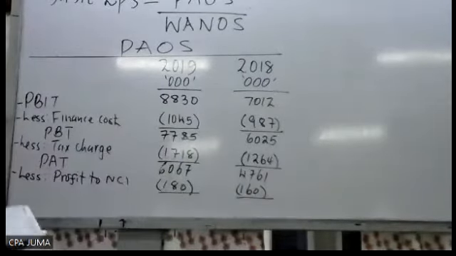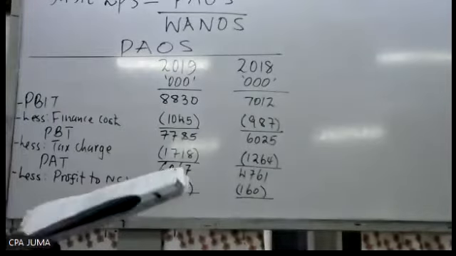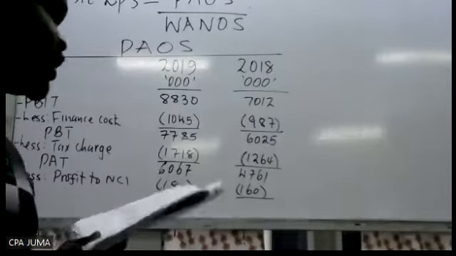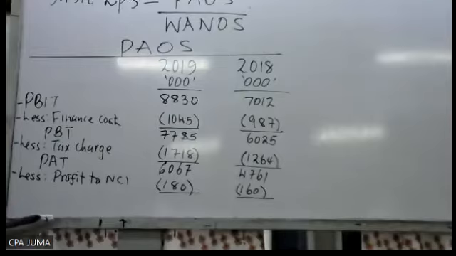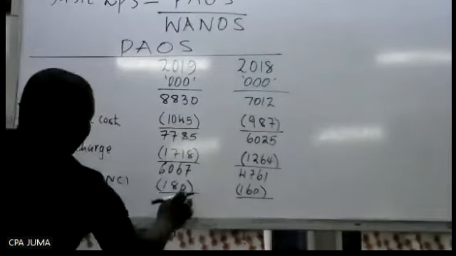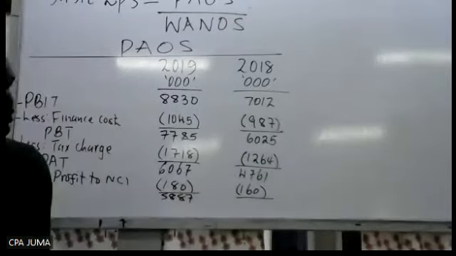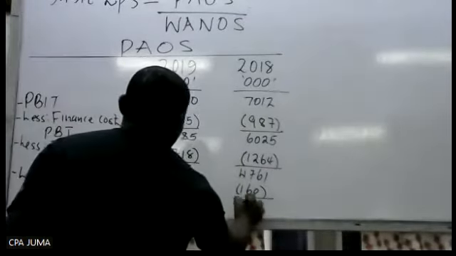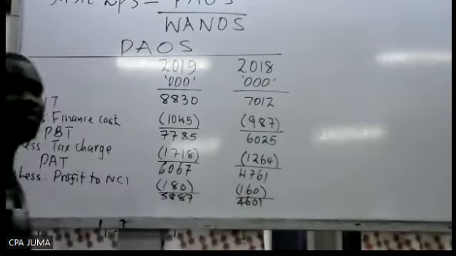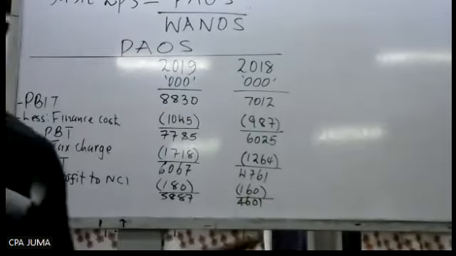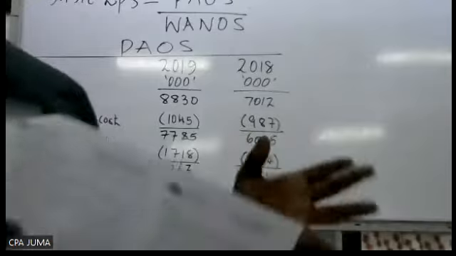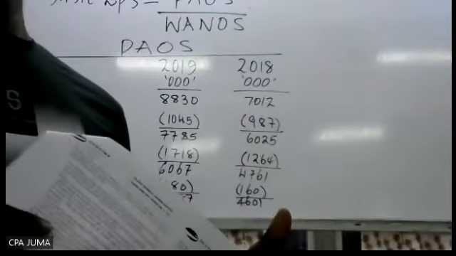So attributable to the members of the parent will be 5887, 4601. The members of the parent may be two, the preference and ordinary.